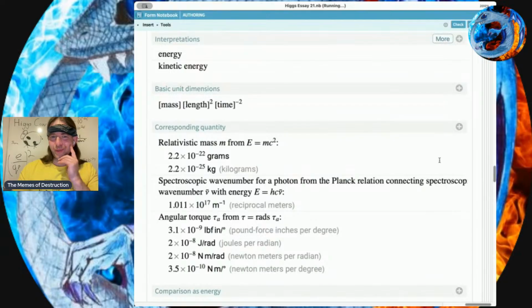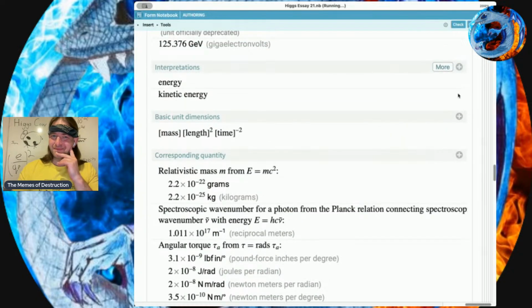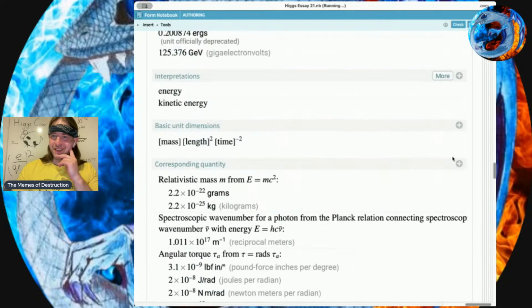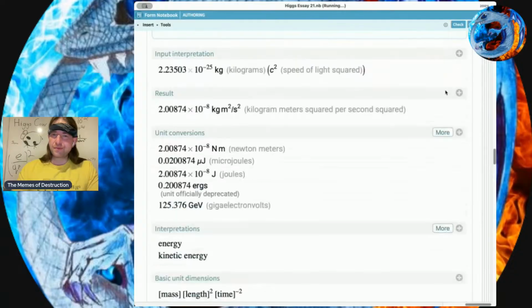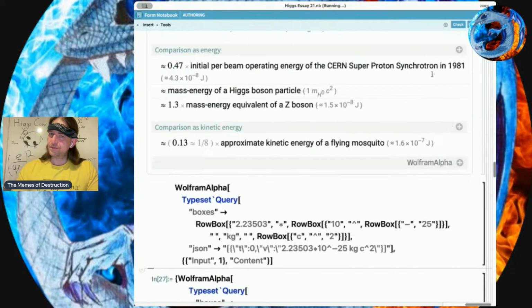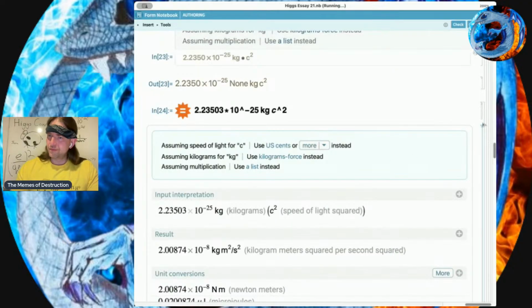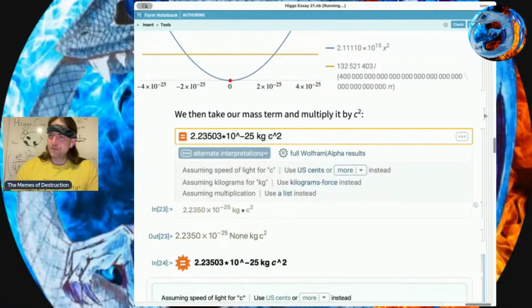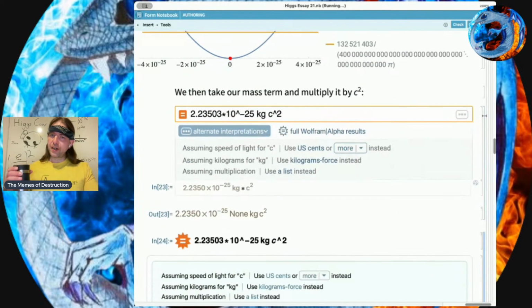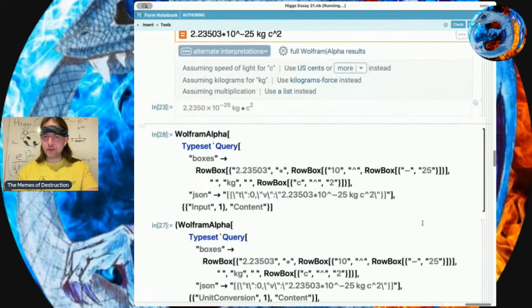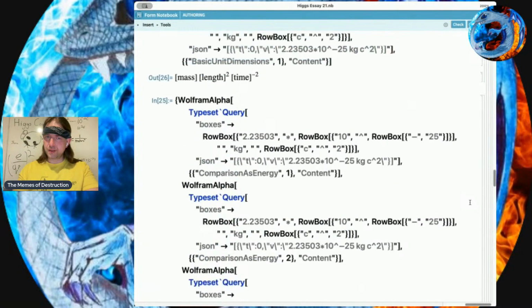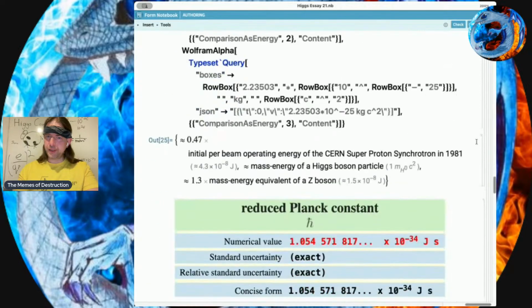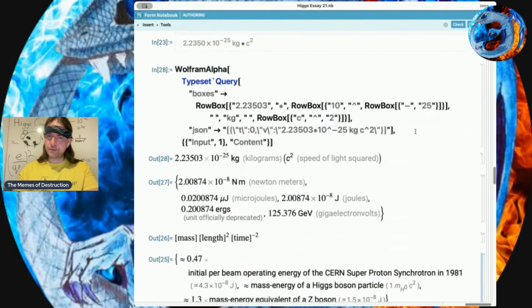Content. Don't worry about any computer. Content, dimensions.